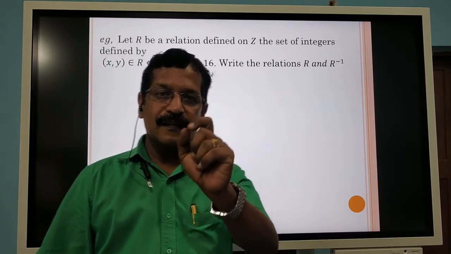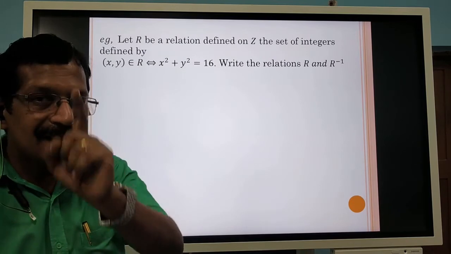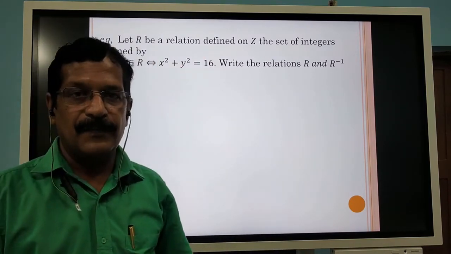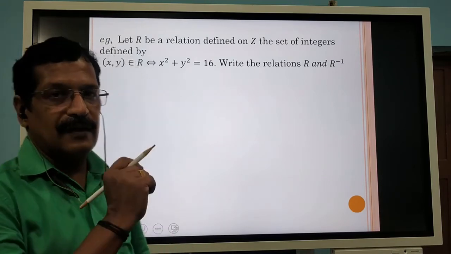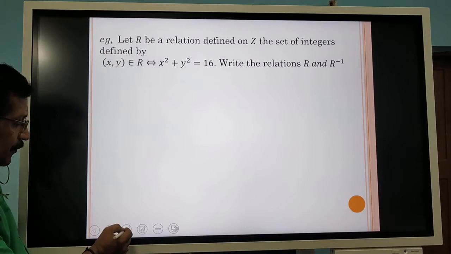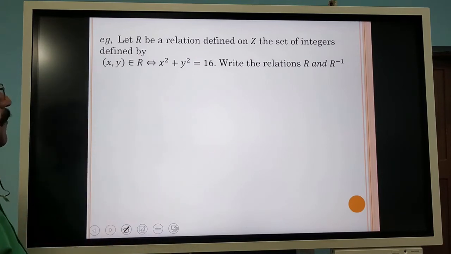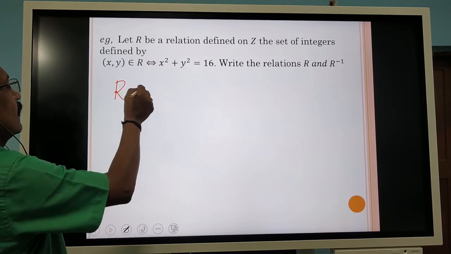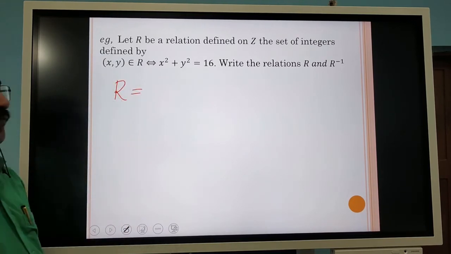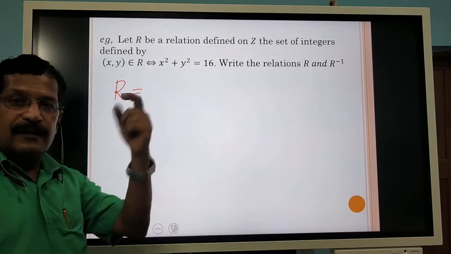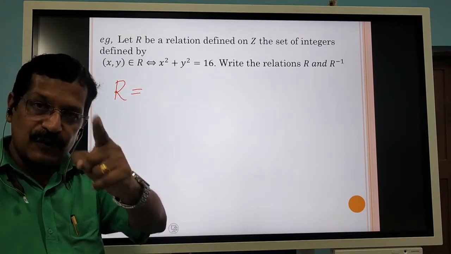Relation R is the set of all integer pairs satisfying the condition x square plus y square equals 16. So, what will be R? R is the set of ordered pairs (x, y) such that x square plus y square equals 16.